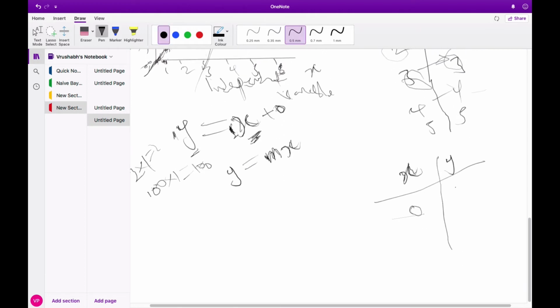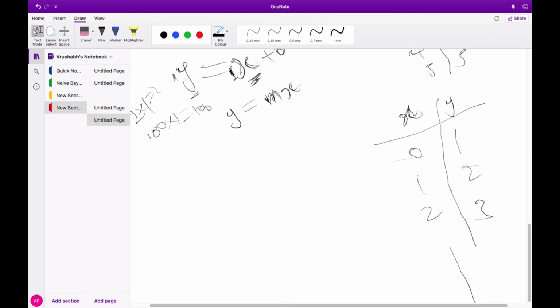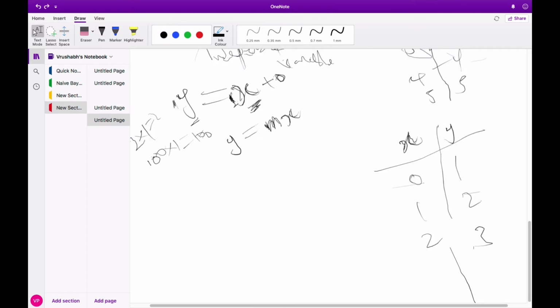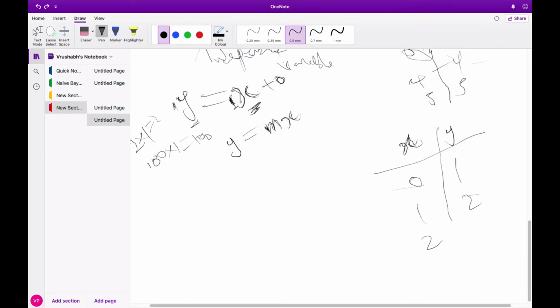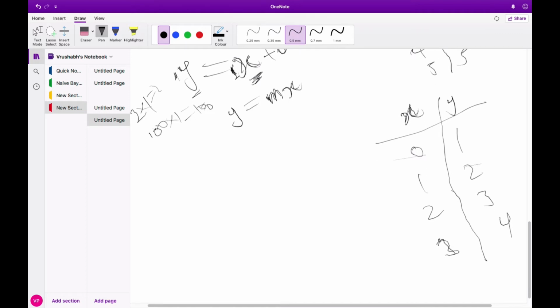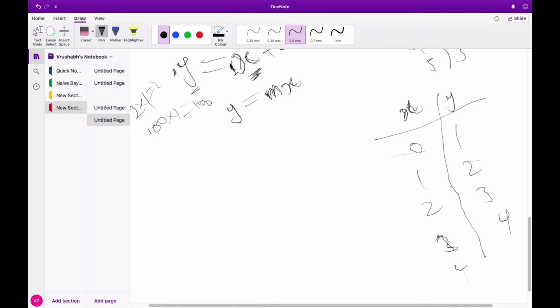So let's say we have 0, 1, then 1, 2, then 2, 3. Whatever x is, I'm increasing it by 1 and giving that to y. Let me continue with this one here. Now if x is 2, then y will be 3. If x is 3, then y will be 4. Whatever x is, I'm increasing it by 1. So if x is 4, then y will be 5.